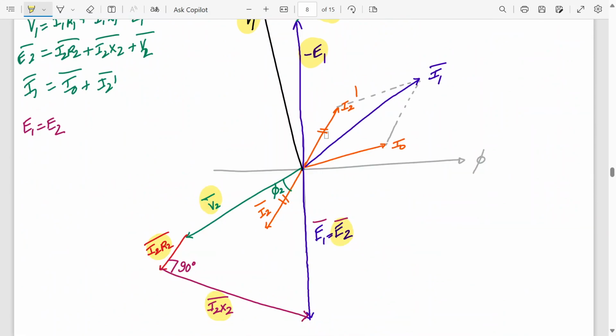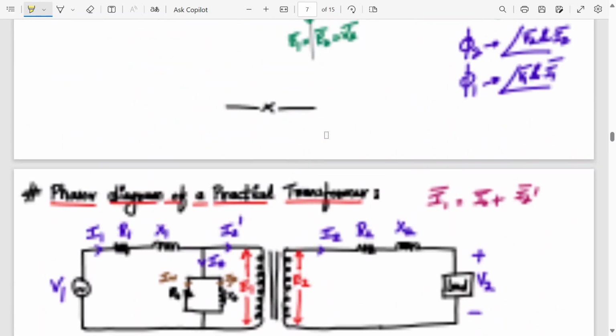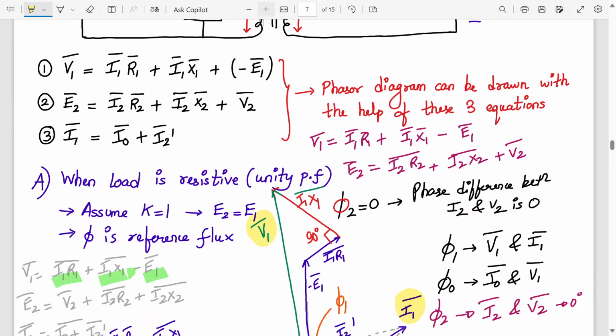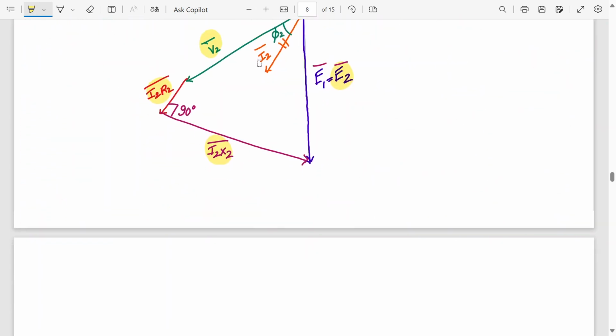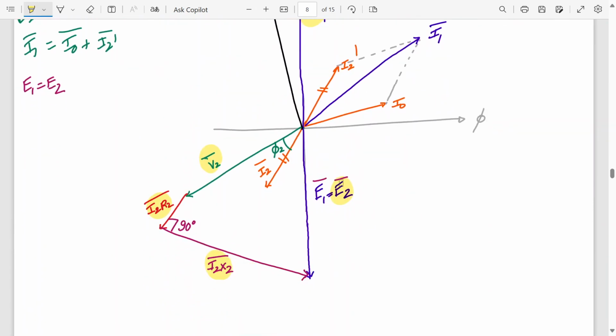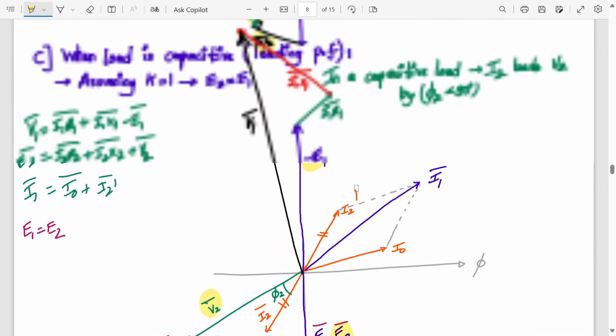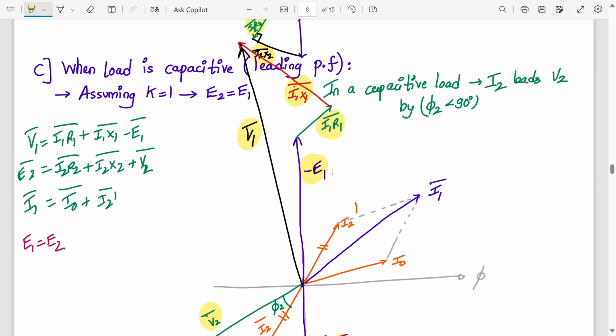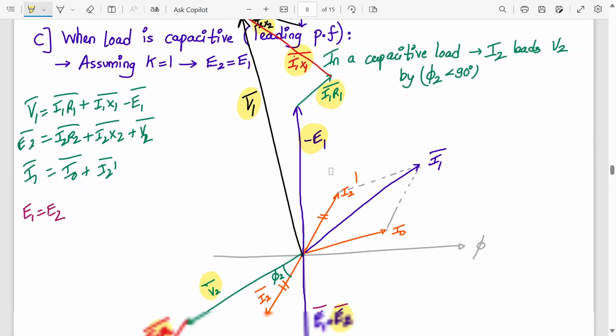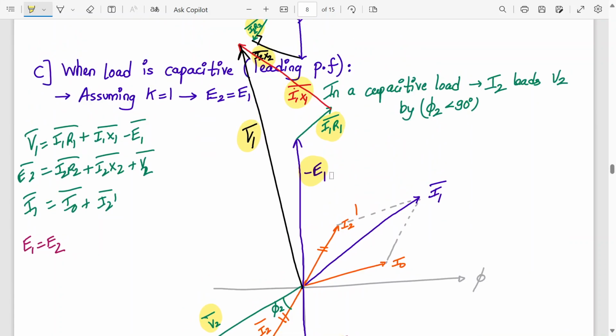Let us check the equations once more. No, it is minus E1, sorry. So not E2, E1 only. E1 and E2 are equal in magnitude, so if I draw minus of E2 or minus of E1, it means the same only, correct? Yes, so it's minus E1 only.